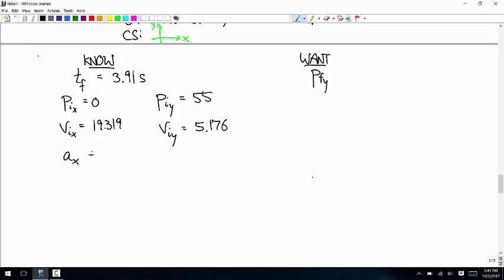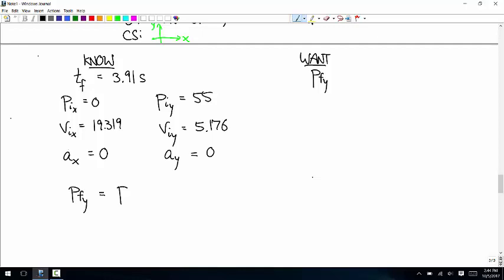So AX is equal to 0 and AY is 0. Why is AY 0 in this one? Because the velocity is constant. This isn't a free fall problem. We're tracking the motion of the helicopter. So is there an equation that works with these? I think this one should work.